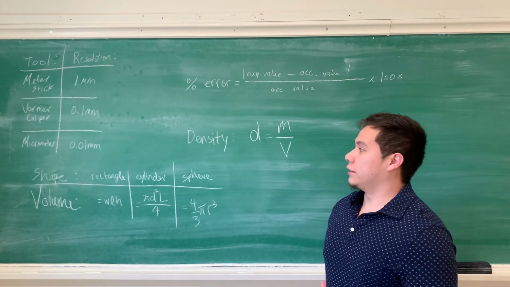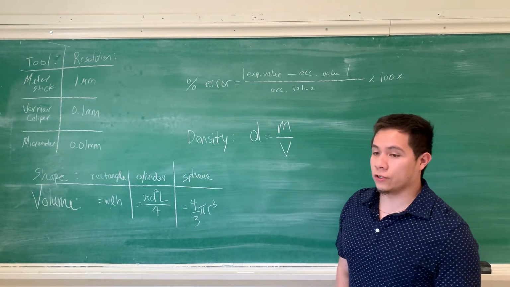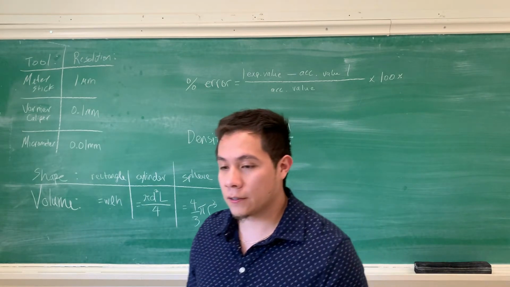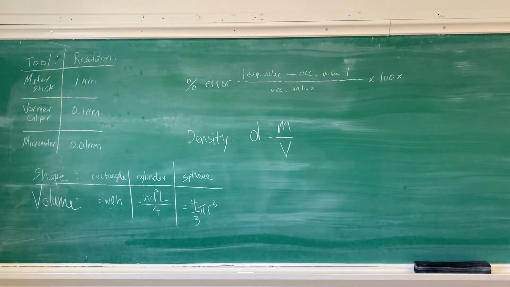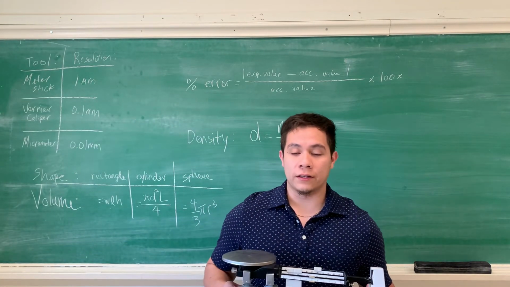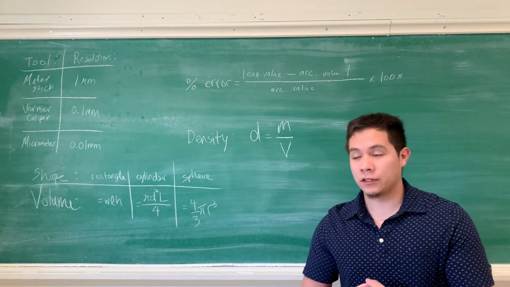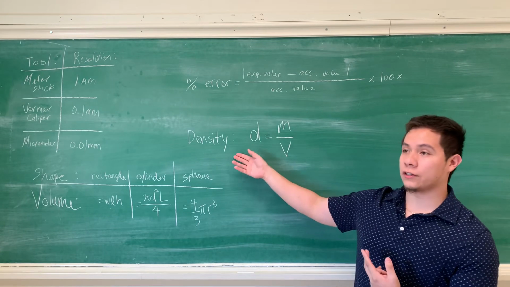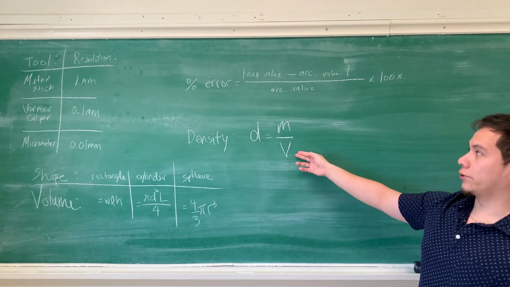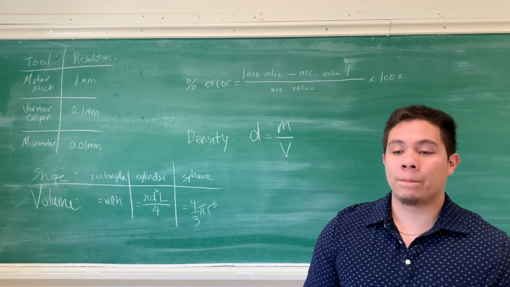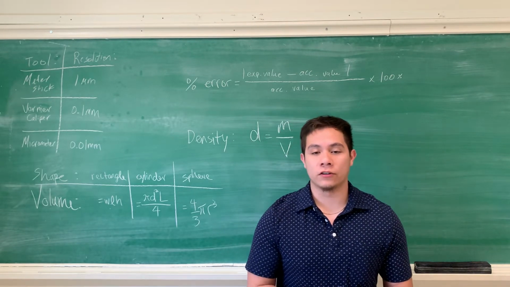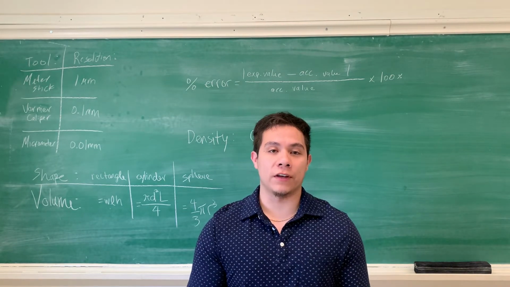Once you get the volume, you use a triple beam balance, this thing here, to find the mass of each object. Once you have the mass and the volume, you can calculate density using this equation, mass over volume. There are given densities in your lab manual that are accepted values.